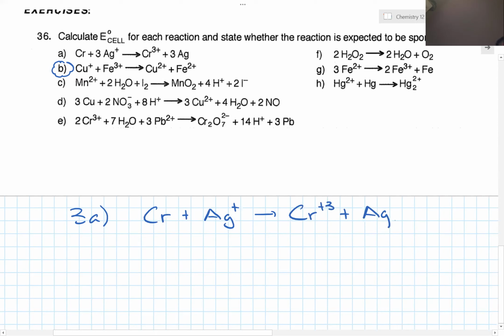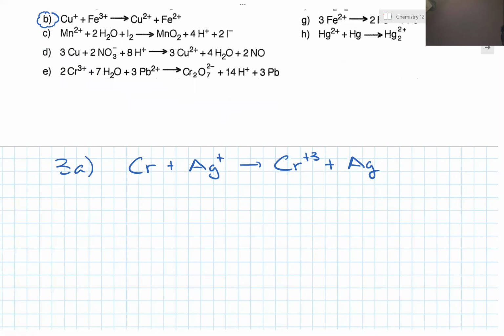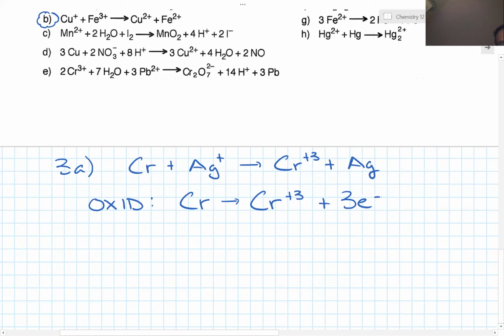Now, they already balanced the equation for you up at the top, but I'm not going to do that right now. So again, what you want to do is take a look at which one is oxidizing and which one is reducing. For oxidizing, we have chromium going to chromium 3+ plus electrons.